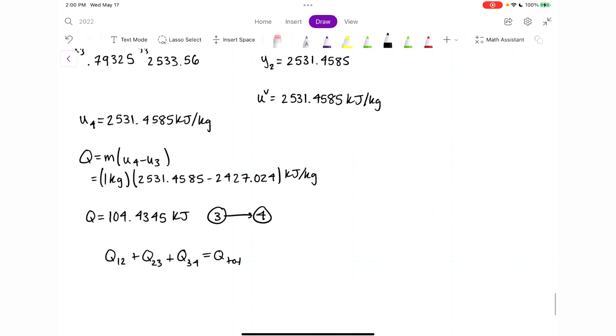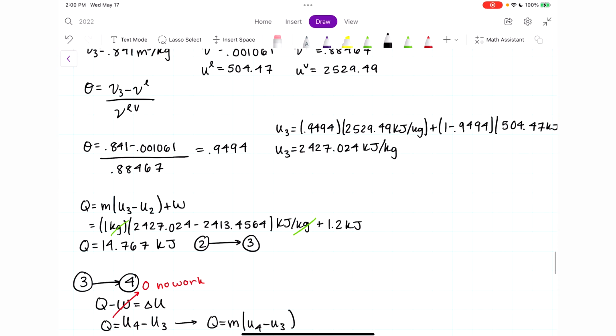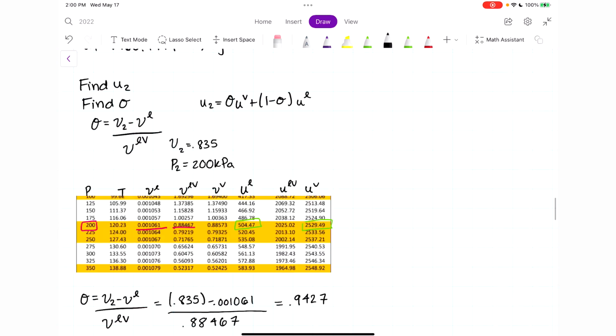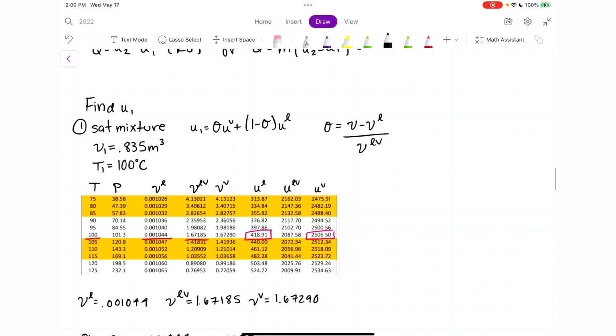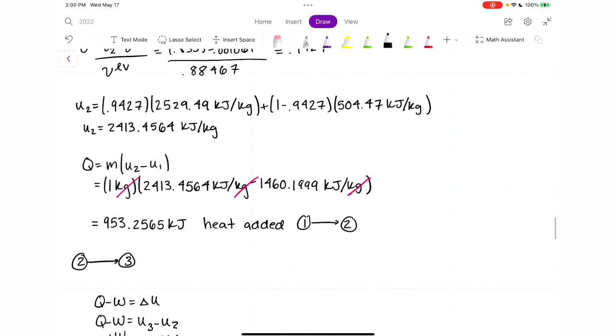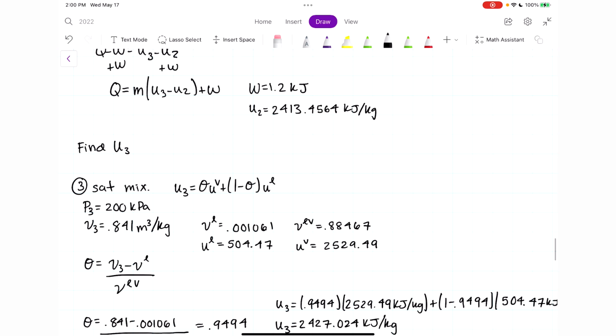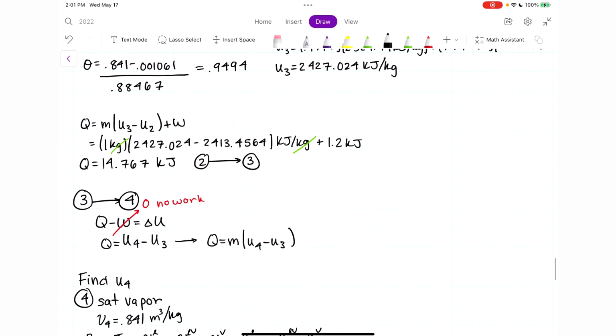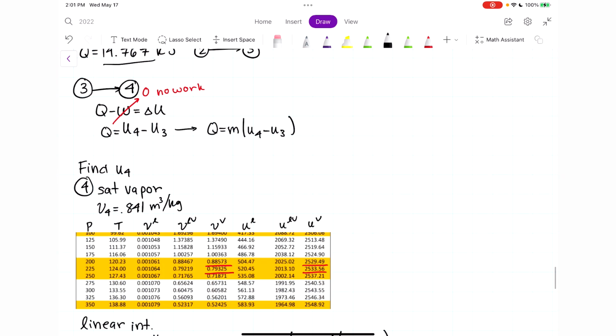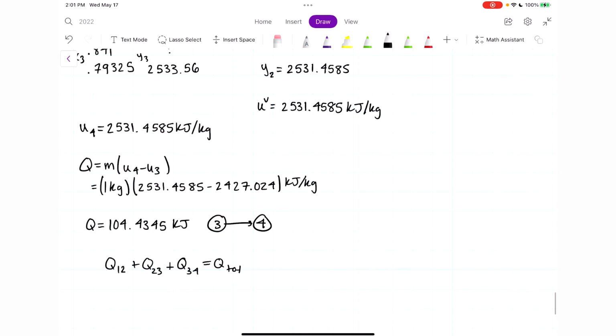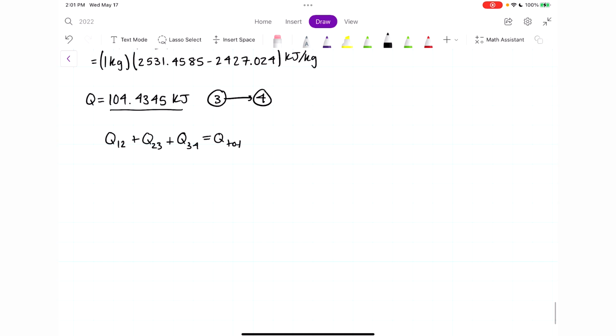So our Q12 is this one right here. Our Q23 is going to be this one right there. And then our Q34 is going to be that one right there. So we plug all that in.